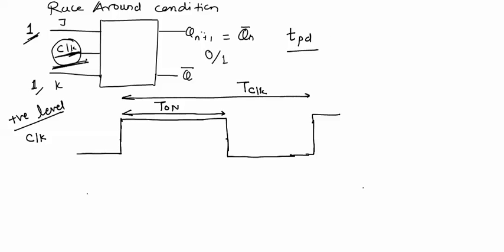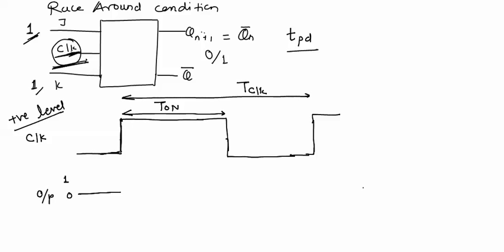Now this is the output of the flip flop, which will be noted. Suppose initially we have output equal to logic 0, and this level will be called logic 1. Now at this point the clock has changed from 0 to 1.